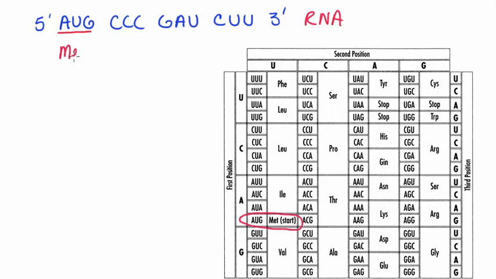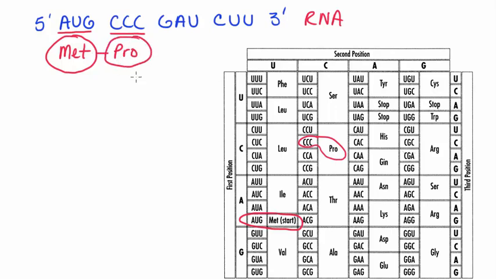So what that is telling the cell is that during the translation process, that is going to be the very first amino acid that gets attached inside this polypeptide. Then the cell would look at the very next codon, which in this case reads CCC, and so it would put in whatever amino acid was appropriate for that, and that's going to be proline.